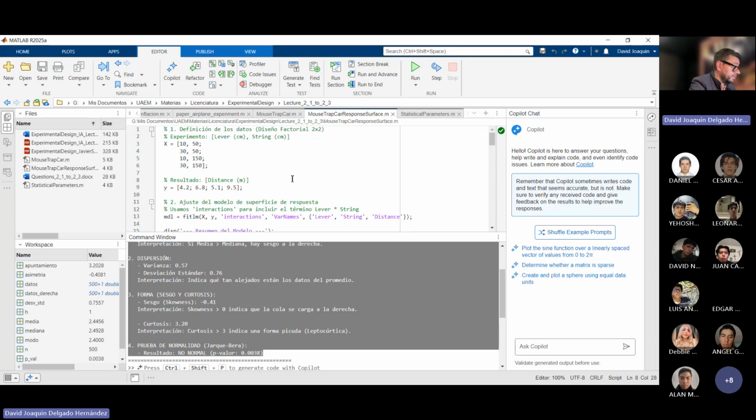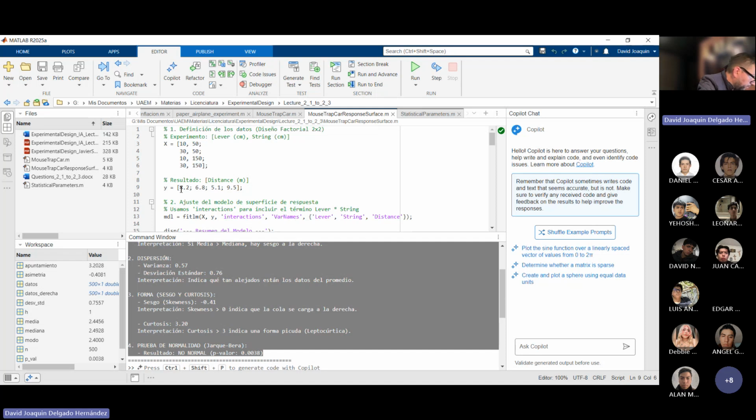The lever length is 10, 30, 10, 30. I am going to put this in the MATLAB, and the other is the string, which is 50, 50, 150, 150. These are the input data, the independent variables, and the dependent variable, which is the distance.